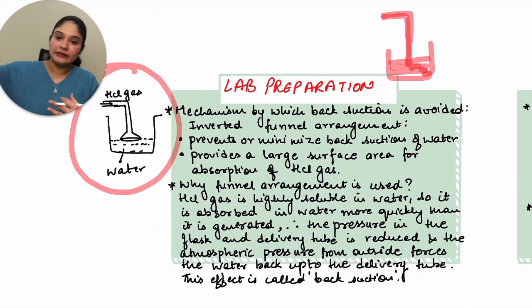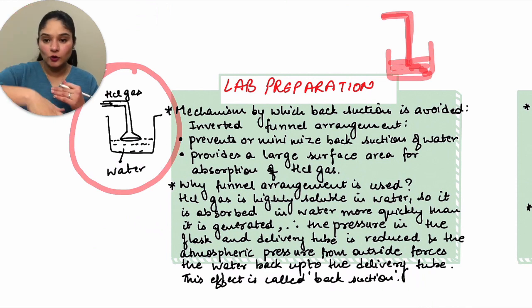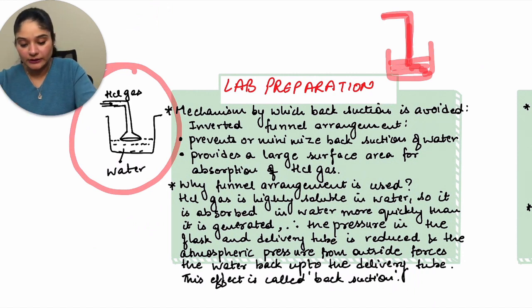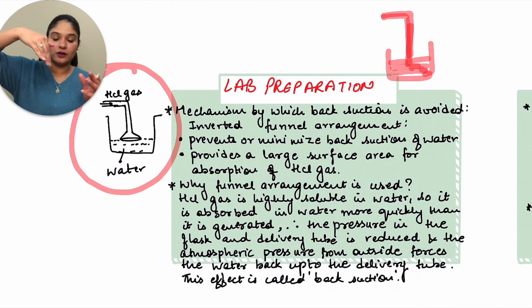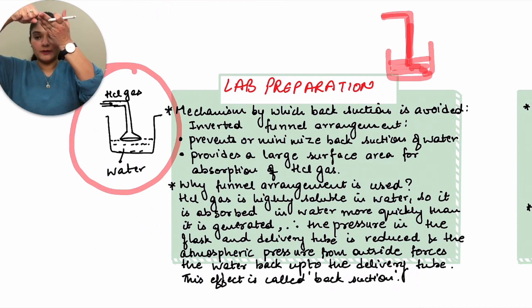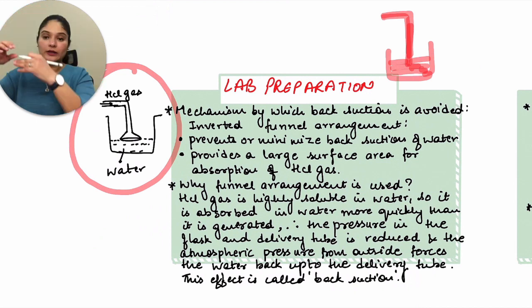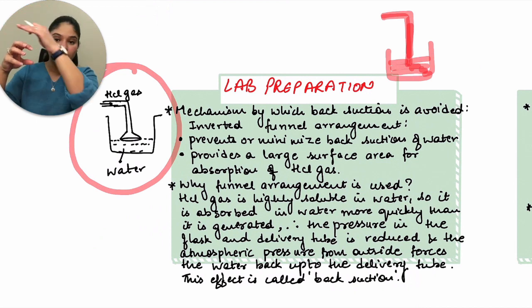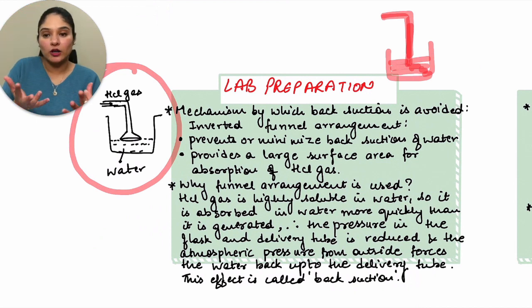So the HCl gas that is coming in has a very slow speed compared to how fast it dissolves in water. As the HCl gas comes into the funnel, water dissolves it and it creates a vacuum. So water gets sucked up into the tube and it keeps dissolving the HCl gas in the entire delivery tube. What will happen at the end?